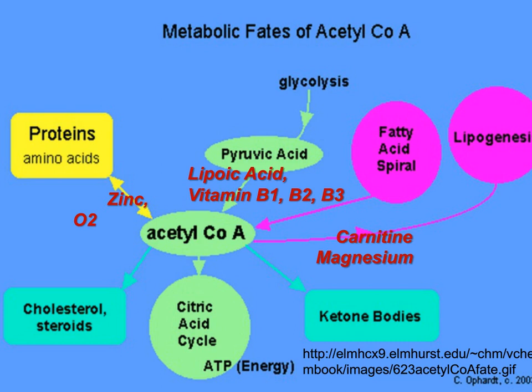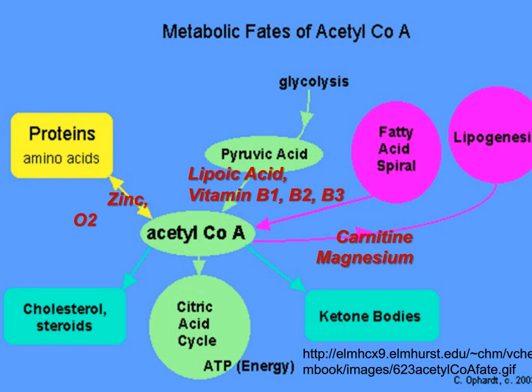So as you can see, just in general here in this slide that I've put together, the nutritional cofactors in order to get energy production from proteins, carbohydrates, and lipids, we must have sufficient zinc, lipoic acid, B1, 2, and 3, carnitine, and magnesium.